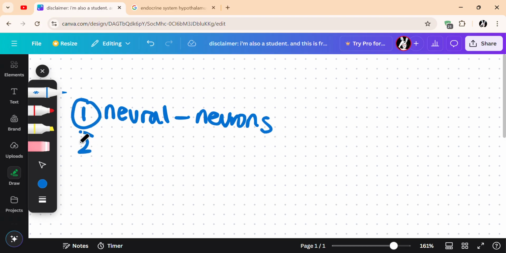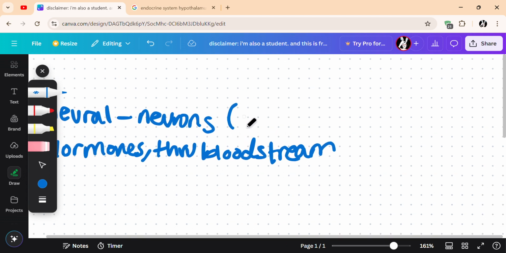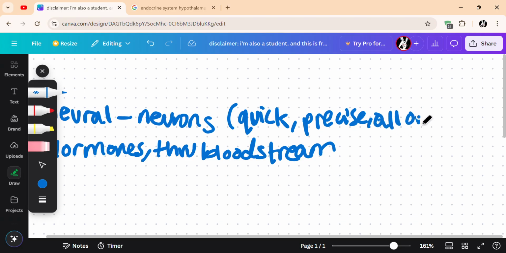The second form of communication is through hormones, which go through the bloodstream, through our body, to the glands they target. The thing about neurons is they're quick, they're precise, and they're all or none.